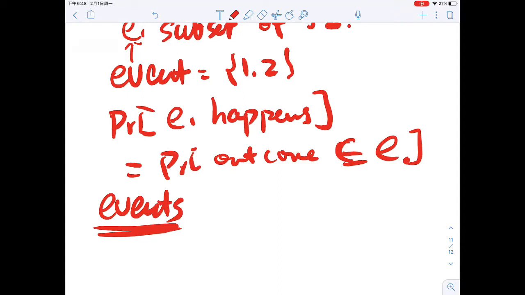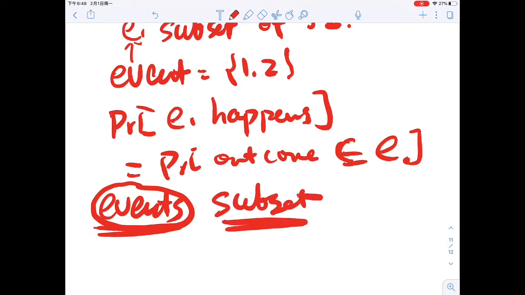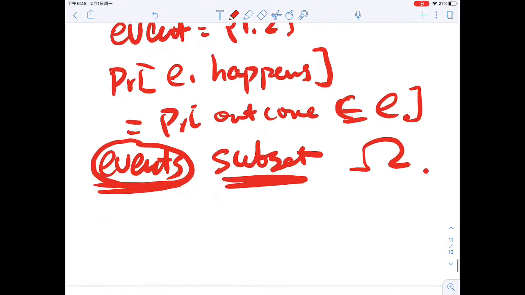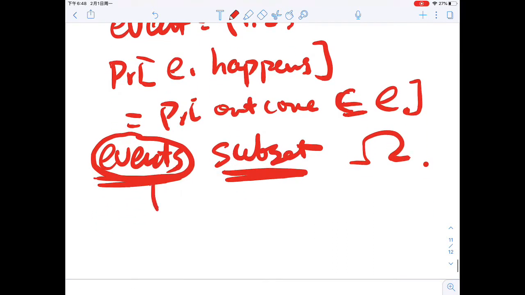events are a very good example of highlighting that when you revisit your probability knowledge, all of a sudden you realize that before this class you probably just interpreted an event as literally some event happening. But when we talk about the mathematical definition, an event is really just considered as a subset of the outcomes, and when we say an event happens, it's really just that the outcome falls into this subset.